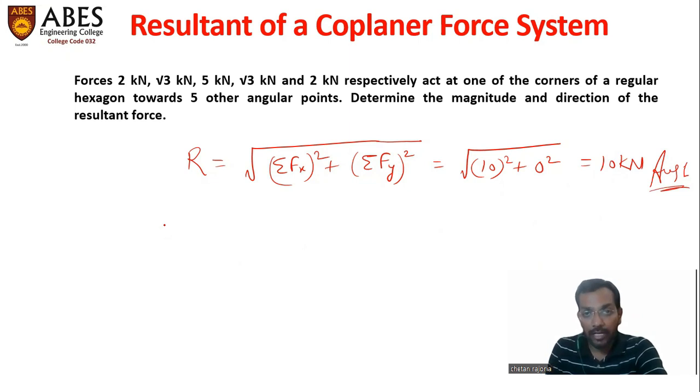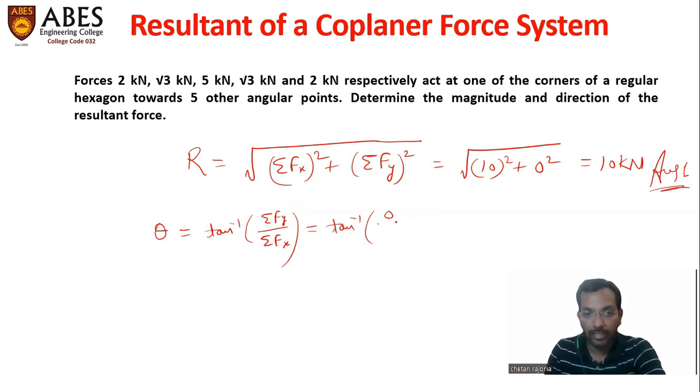Now, the inclination of the resultant force is calculated using this formula, tan inverse sigma Fy upon sigma Fx. This is the formula to calculate the inclination of the resultant. Let's put the values.